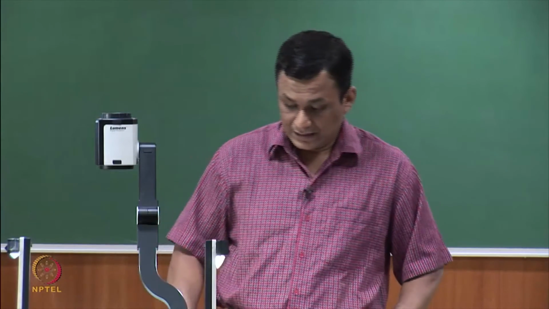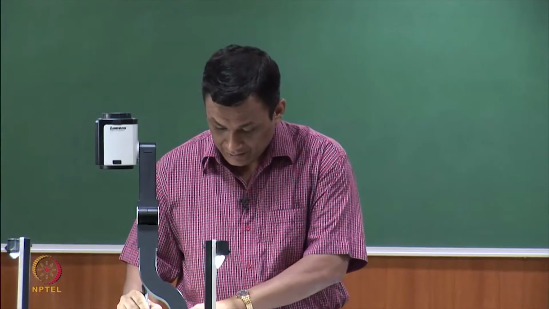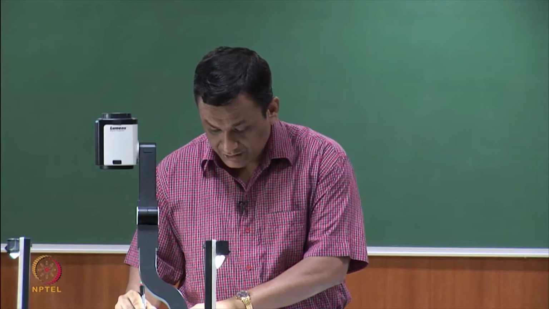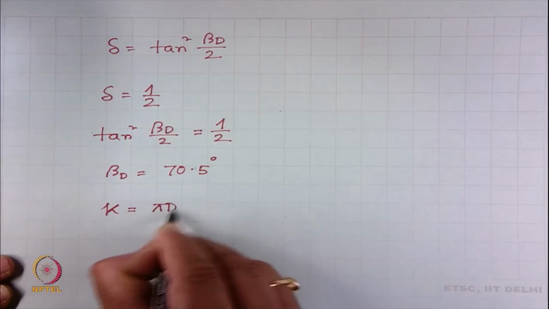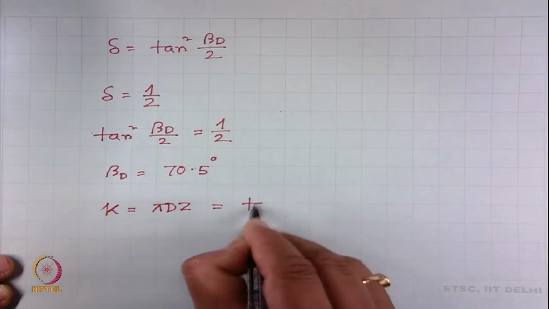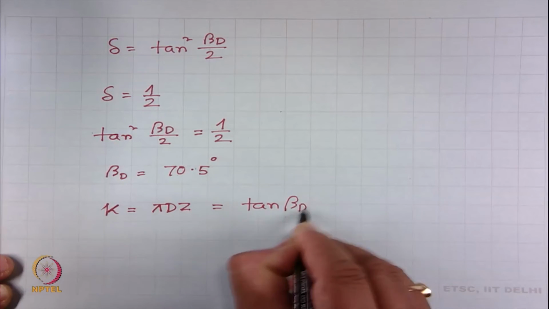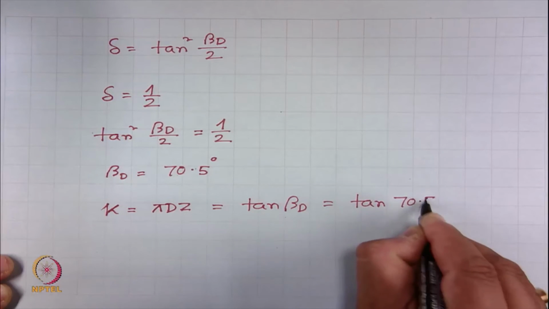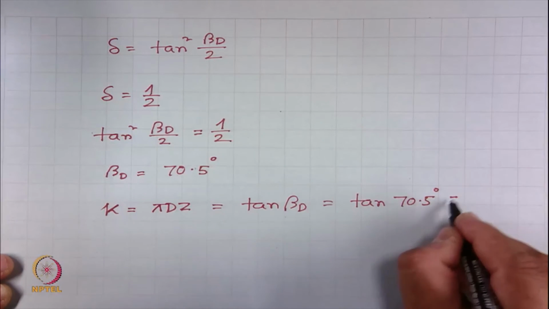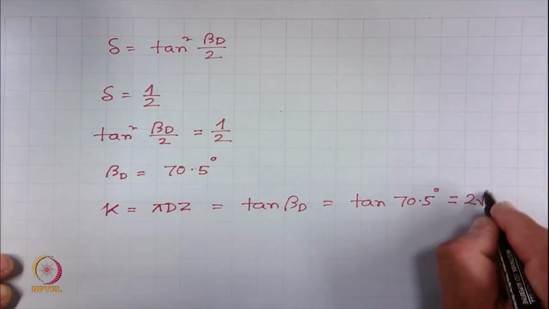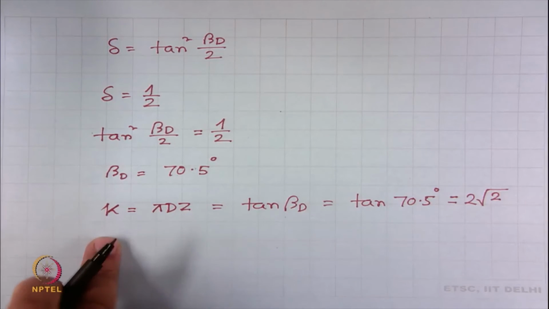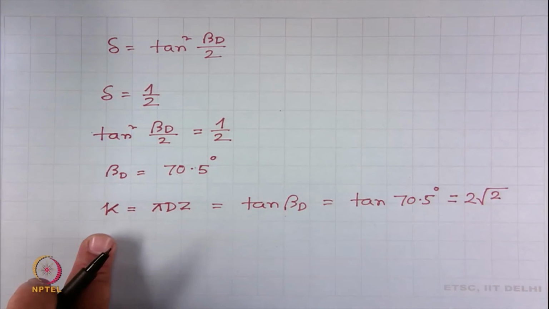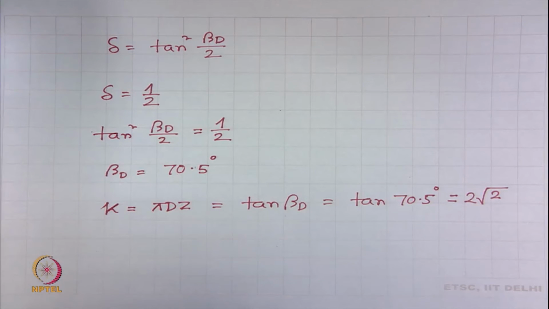And then what is your twist intensity? Twist intensity is pi dz, that is equal to tangent of beta d. Now, if you substitute tangent of this, what you will find out? 2 root 2. So, there is a limit of twist intensity also. Okay.